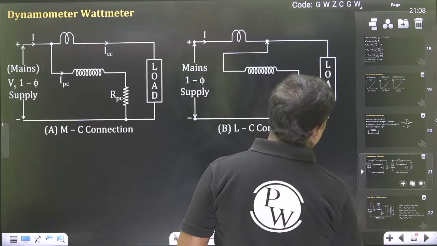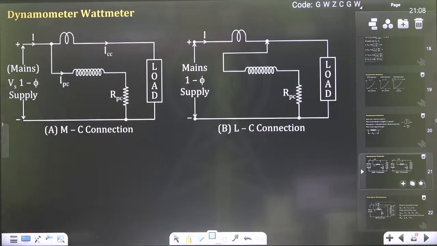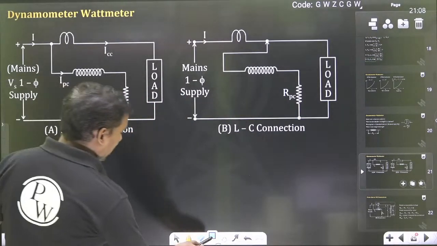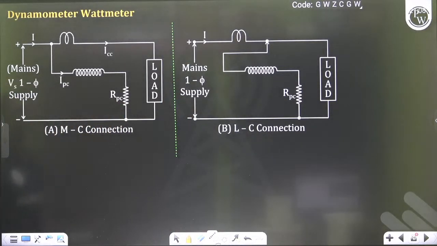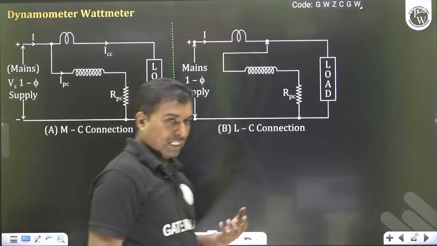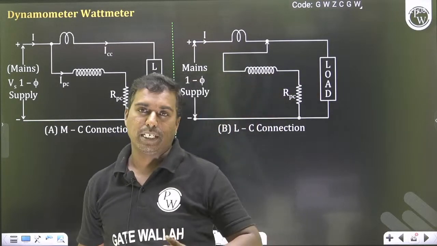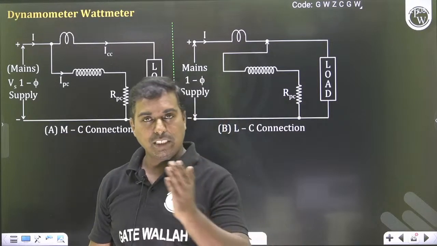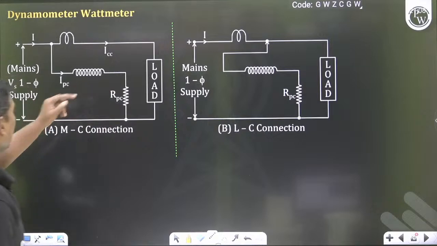So now let us go for the connections. Okay, so first let us see how this particular moving coil is connected. Based upon that, there are two types of connection. One is the MC connection, other one is the LC connection. So if you see the diagram, this is the MC connection. In MC connection, this particular concept is based upon the moving coil connection. The moving coil can be connected at the main side, or it can be connected at the load side. Moving coil or pressure coil, whatever it is.